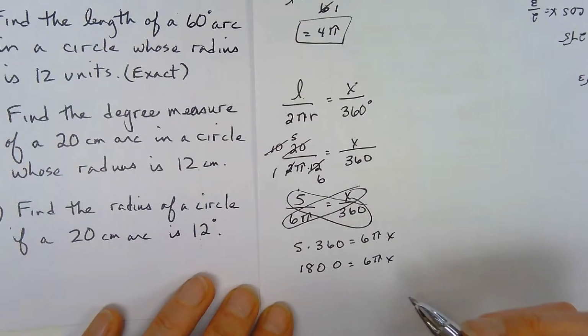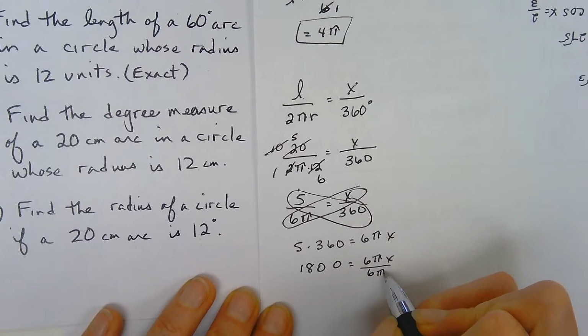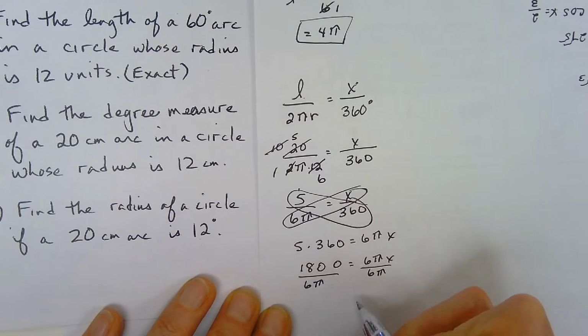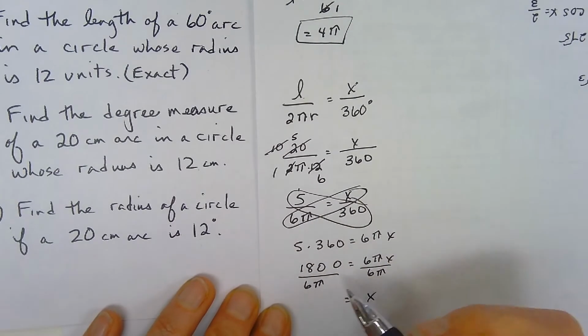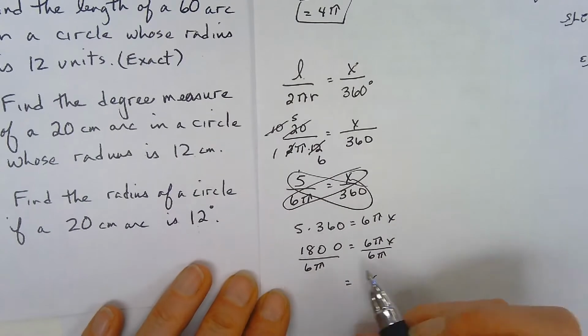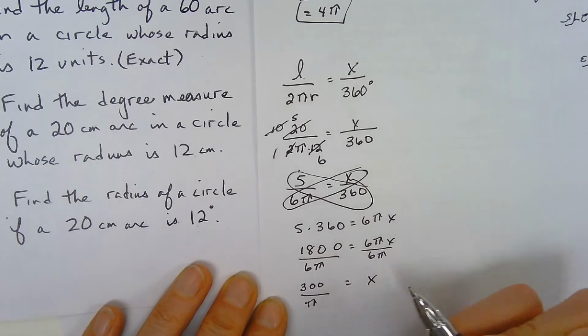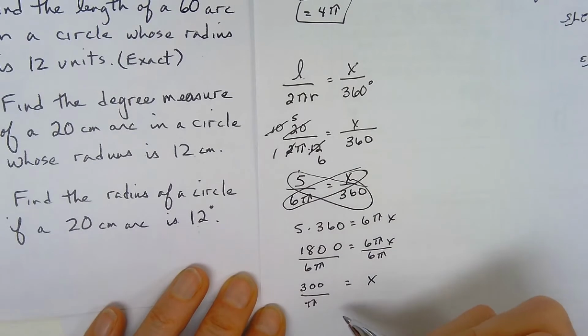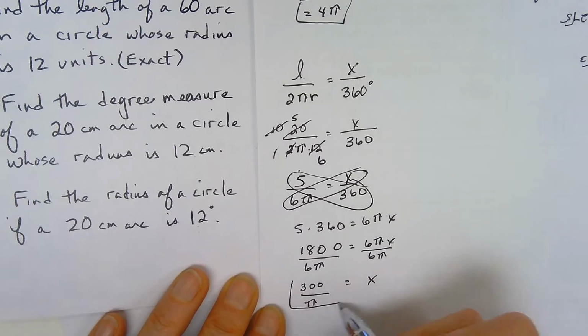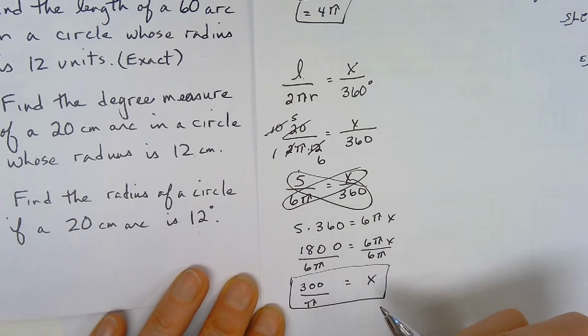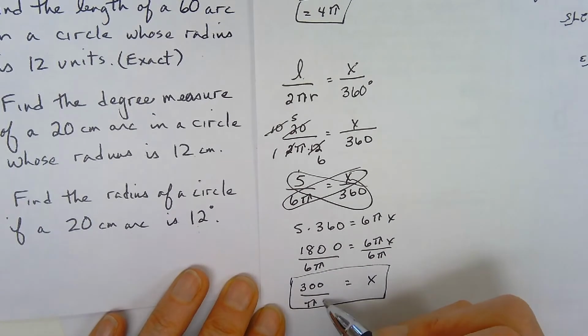And I'll divide both sides now by 6 pi. So x equals, 6 goes into 1800 300 times. x equals 300 over pi degrees. That's the exact answer. And I'll let you put that into your calculator and round it to the nearest hundredth.